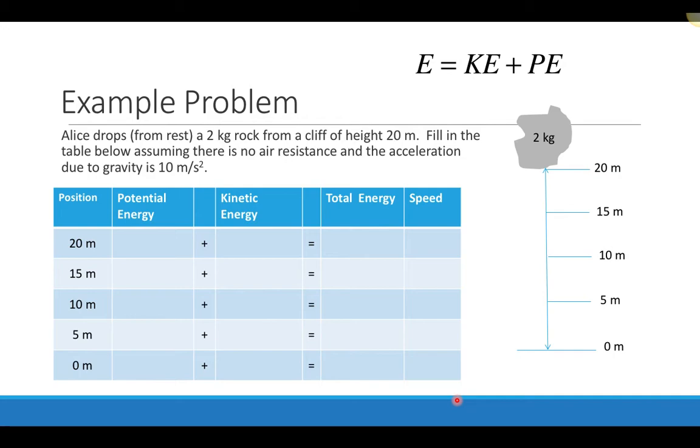We're going to do something similar, except we don't have any time intervals. We're looking at distances covered and seeing if we can figure out how fast that rock is traveling at these different positions by applying energy.